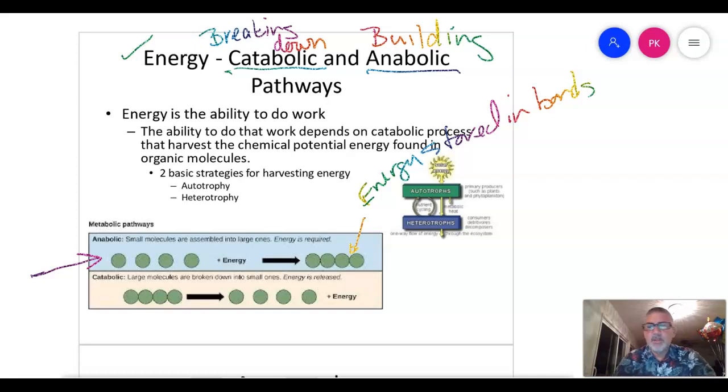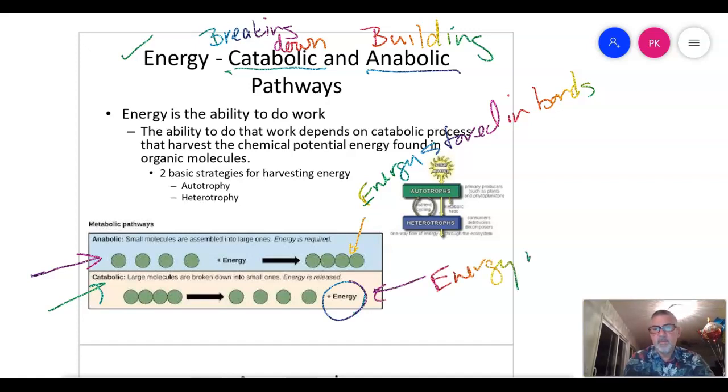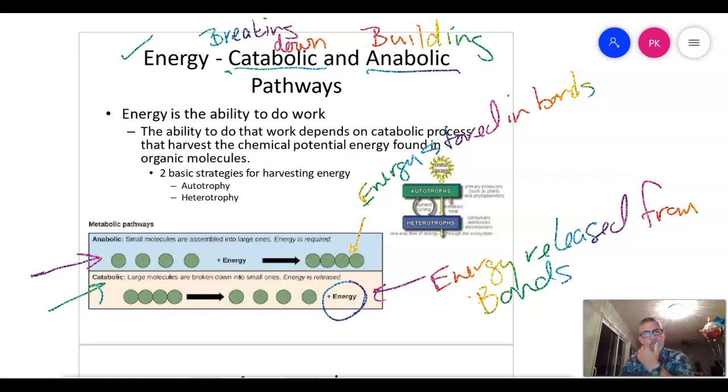In a catabolic, so there's my catabolic, I'll break apart to release the energy from bonds. So energy is going to be released from bonds.